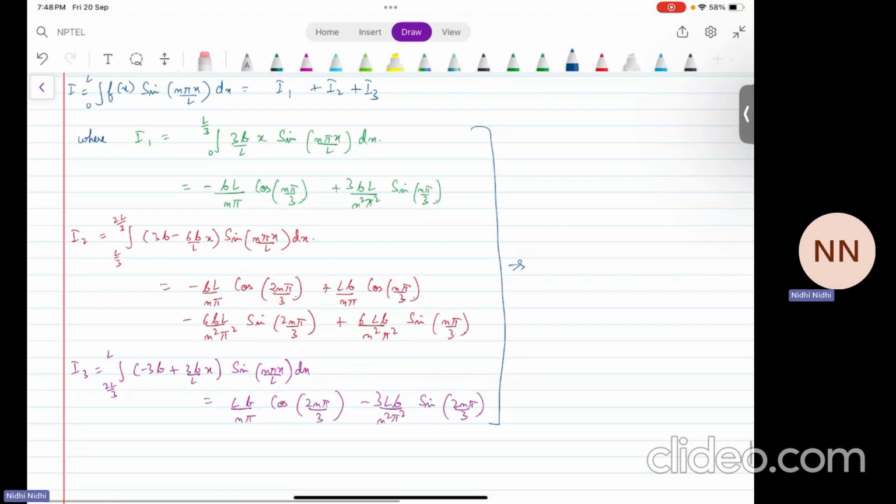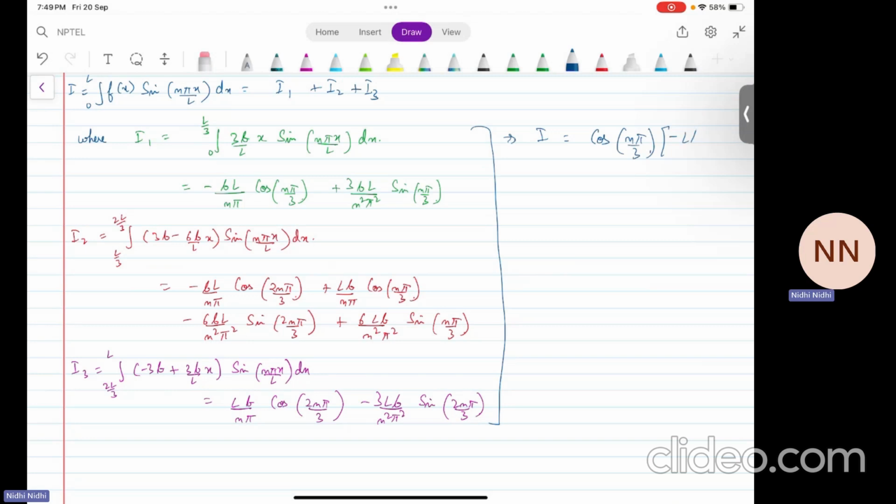From here we will get that I is equal to... Let's collect all the coefficients of cos n pi by 3.